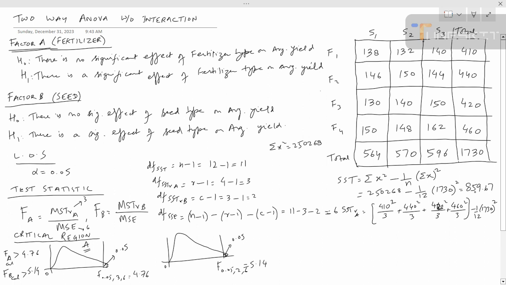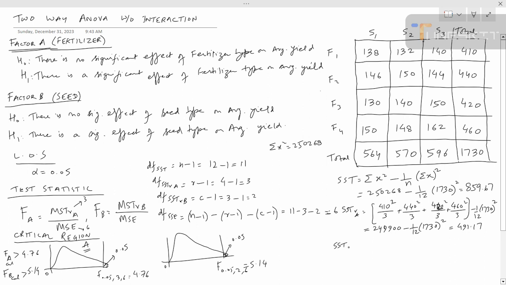So that's 249900 minus 1 upon 12 times 1730 squared. And that's 491.17 is SSTR of A.